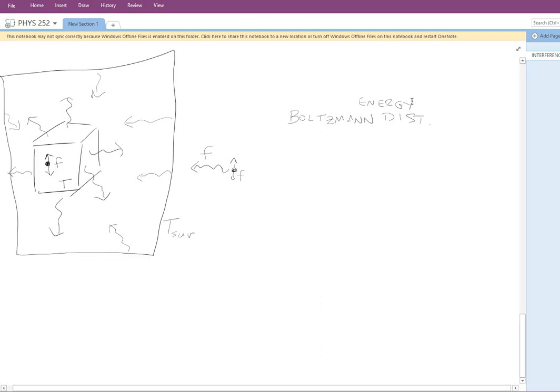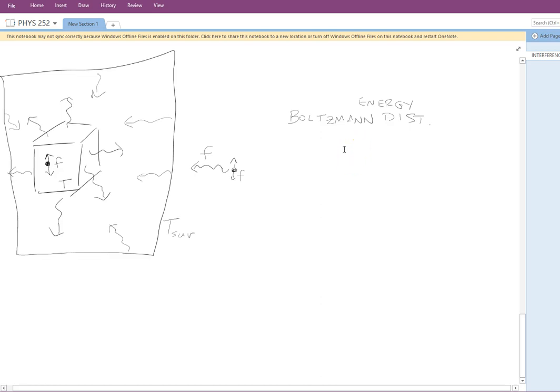So Rayleigh and Jeans said, well, we have a similar thing going on here, because all these different frequencies correspond to different energies. So maybe we can use this same energy distribution.